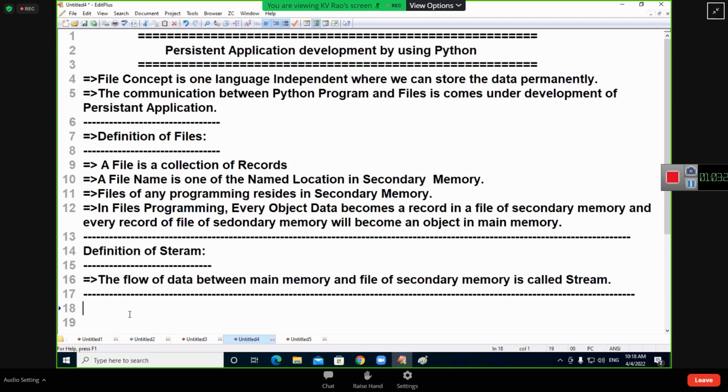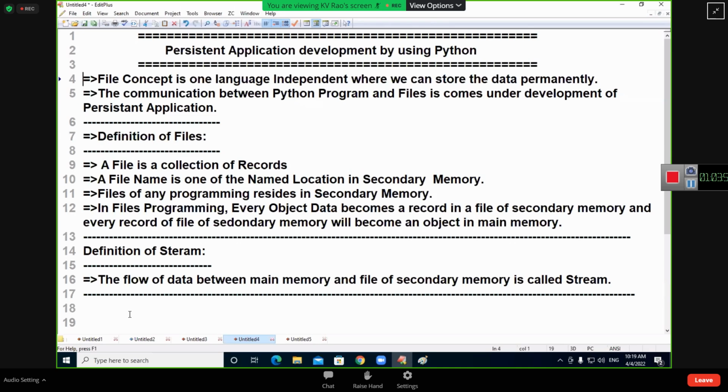Is the clarity there? Your brain is main memory. Your notes are secondary memory, and the subject flow happens between these two components. I hope you are understanding what I'm going to talk about. Shall I move forward? Now I'm going to enter the next topic. This comes under persistent application development.